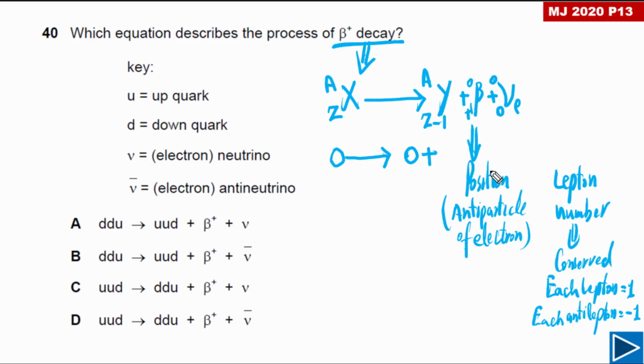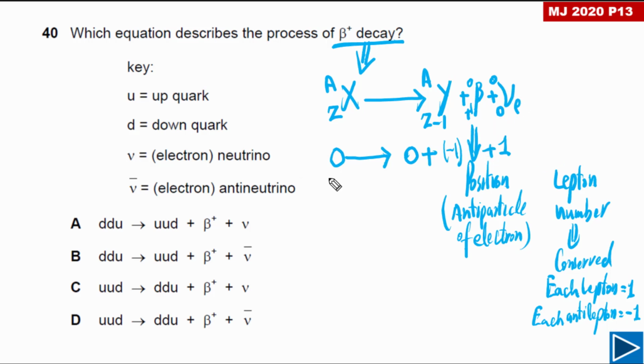This is the antiparticle of the electron, so its lepton number is -1, and the lepton number of the neutrino is 1. That's the reason it has to be a neutrino, because lepton number has to be conserved. A simple way to remember: if this is a particle, this has to be an antineutrino; if this is an antiparticle, this has to be a neutrino.